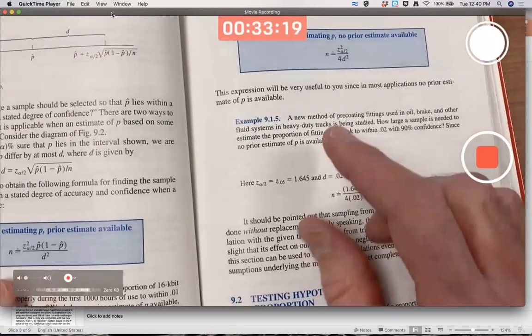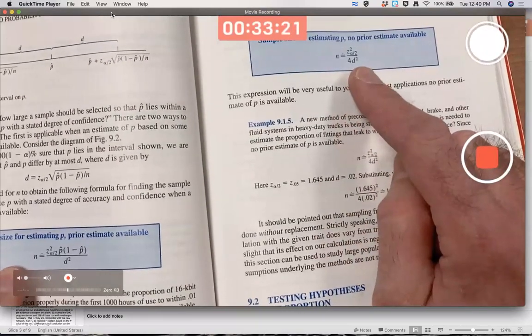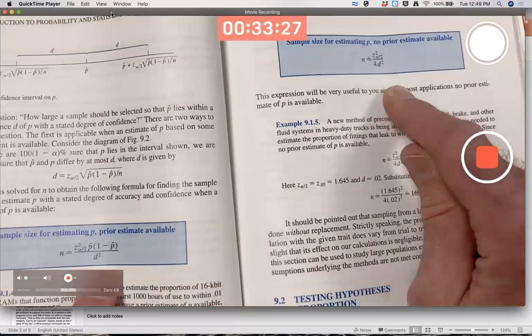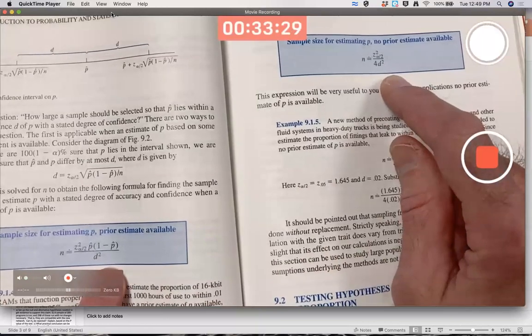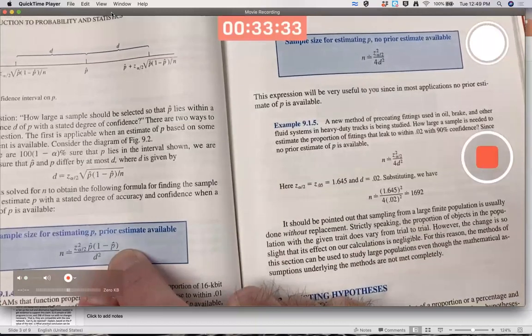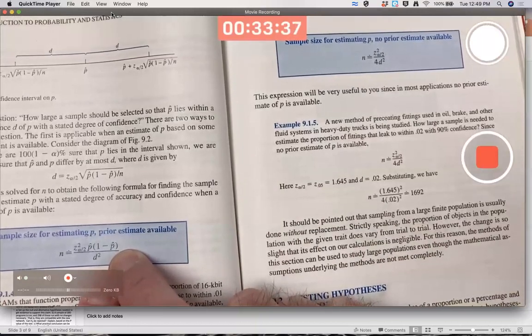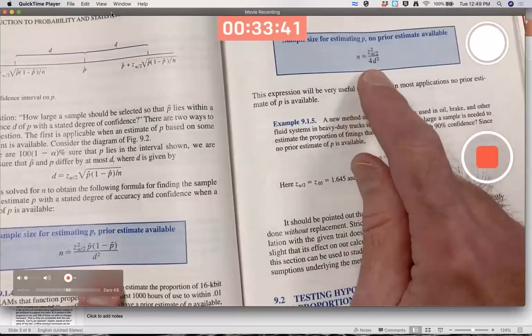These formulas are actually related, though they don't look like they are related necessarily. You can get from this one to this one by replacing p hat with 0.5, right? Because 0.5 times 1 minus 0.5 is going to be 0.25, 1/4. And that's where the 4 comes from.